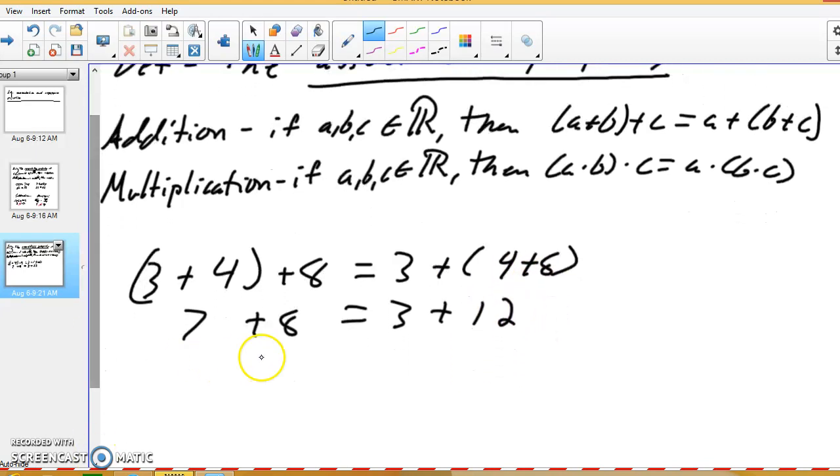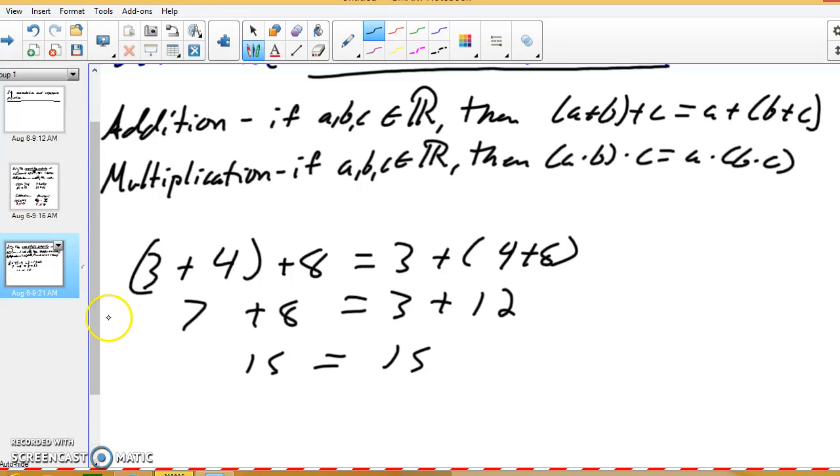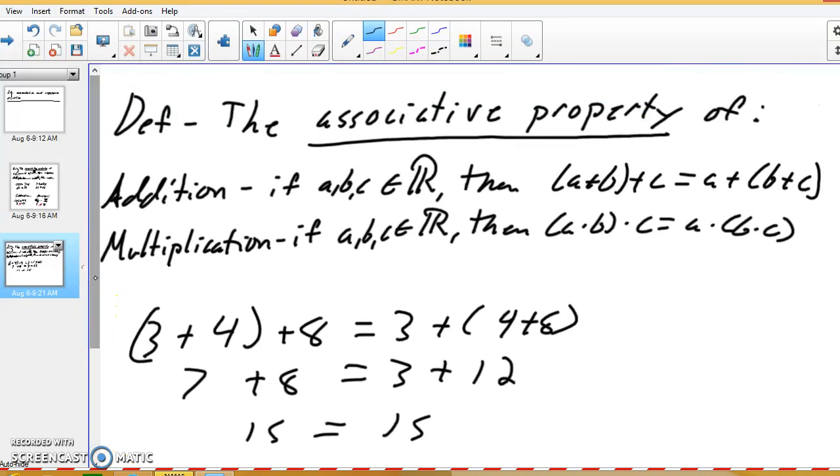Because if you notice, 7 plus 8 is equal to 15, which is equal to 3 plus 12. So that's all that the associative property of addition is talking about. If we have 3 numbers and we're adding them together, it doesn't matter if we add the first 2 together, then the third to their sum, or if we add the second and third together, and then the first to their sum. It will all equal the exact same thing.